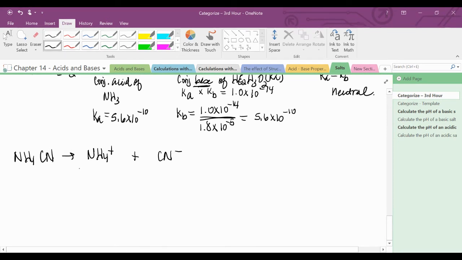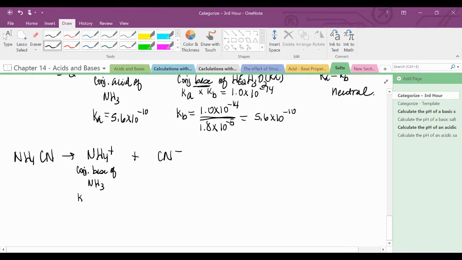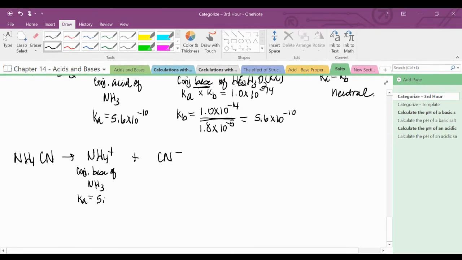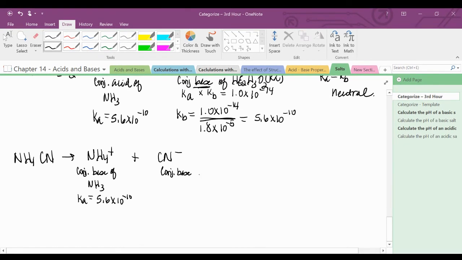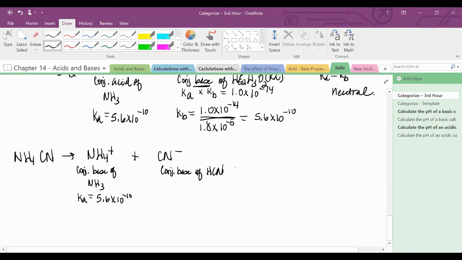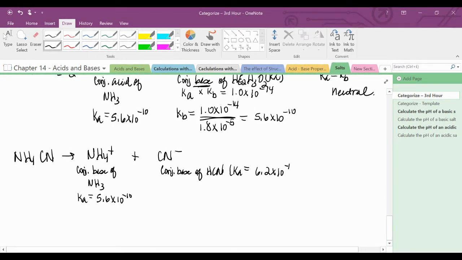And so we, again, want to reiterate that ammonium is the conjugate acid of the weak base ammonia, and it actually has a Ka value of 5.6 times 10 to the negative 10th. And cyanide is going to be the conjugate base of HCN. And so HCN is going to have a Ka that's equal to 6.2 times 10 to the negative 10th.